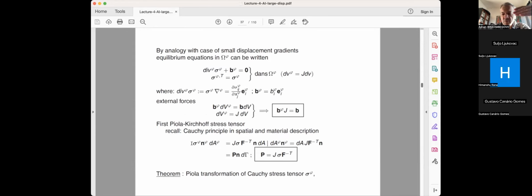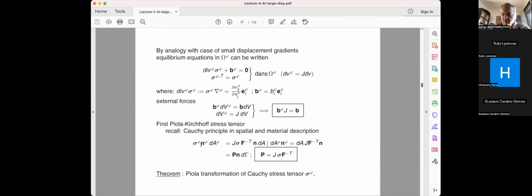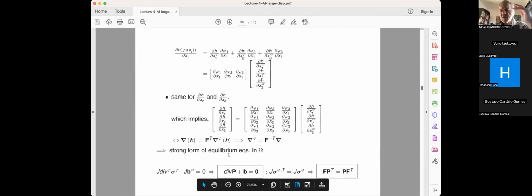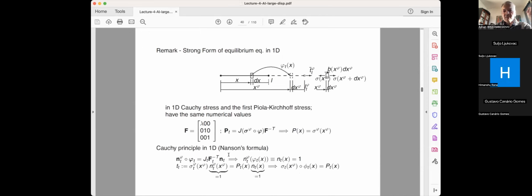So all of them are in the deformed configuration. Here, you take a unit vector normal in the initial configuration, and you produce your stress vector in the deformed configuration. So that means that P has to be a two-point tensor. And you see further that it is conjugate to the deformation gradient, which is also a two-point tensor, so it all goes hand in hand.